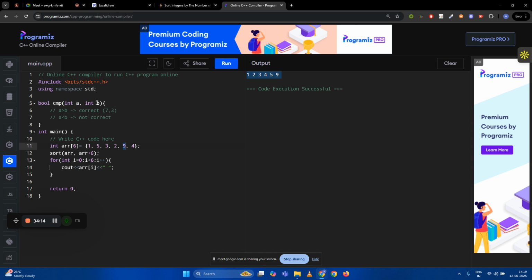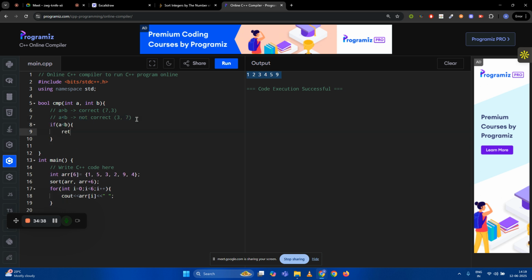But if a is 3 and b is 7, and a is written first, it is not correct. The case in which we want to swap, you have to return false. So if a is less than b, return false. Otherwise, return true. As simple as that.